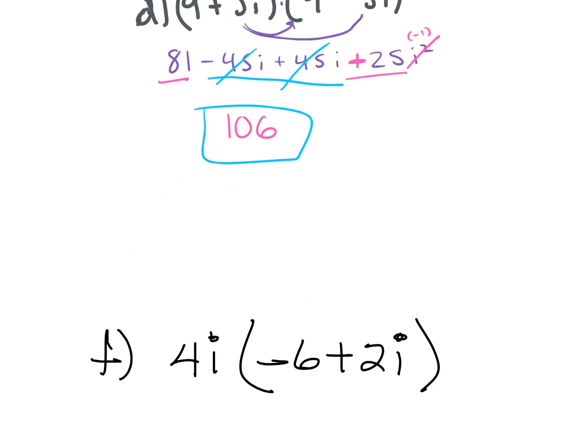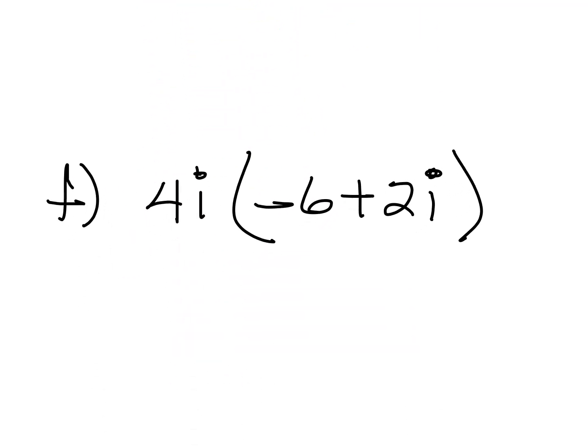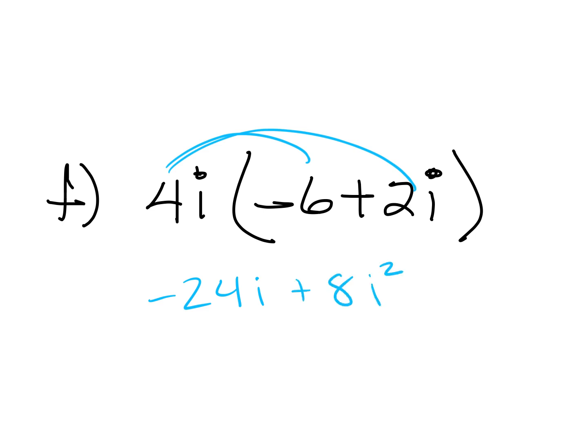All right, let's look at F. How do I multiply these together? Distribute the 4i. So 4 times negative 6 is negative 24i. And 4i times 2i? 8i squared. What do I have to do next? Change the i squared to negative 1.